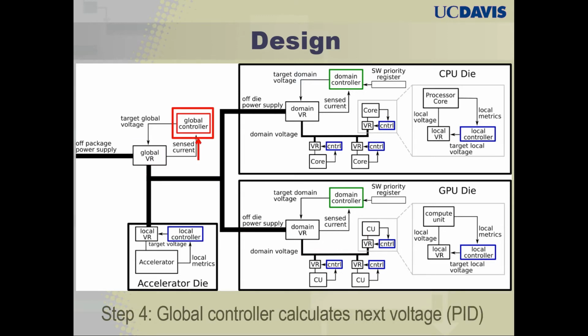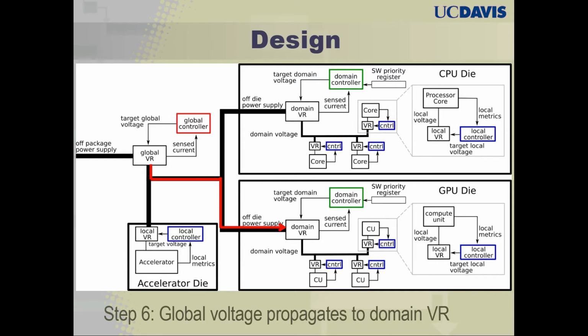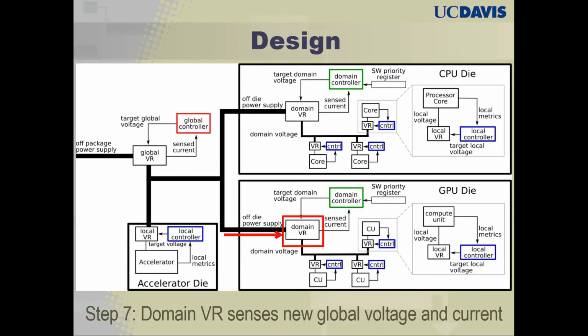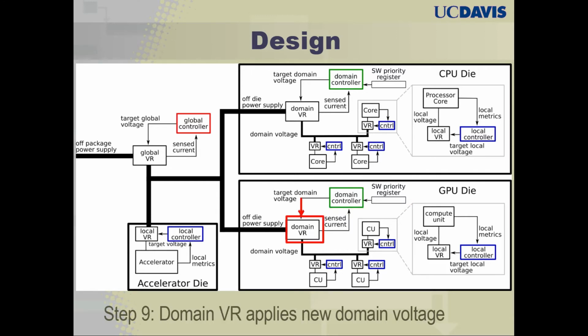It would feed that sensed value into the global controller, which uses a PID controller to determine the next voltage. It sets that voltage on the global VR, and that settles. Then that new voltage would propagate back to the domain VR, which would sense it and feed that to the domain controller, which uses the priority and the newly sensed domain voltage in order to assign a new domain voltage.